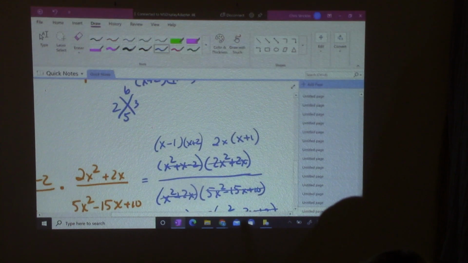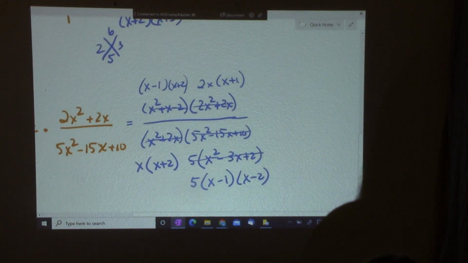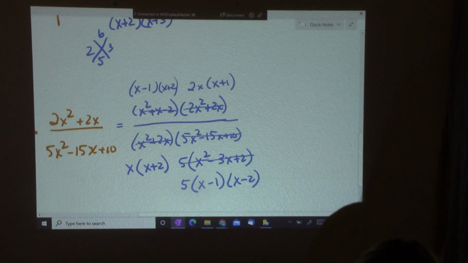Okay. Now I'm going to change colors for crossing out. Let's see what I can cross out now that I don't have any of these to work with. It's important to keep it straight. Starting up here, I have x minus 1 and x minus 1. Do I have x plus 2? I do. Down here, I can cross those out. Do I have a 2x? No, but I do have an x.